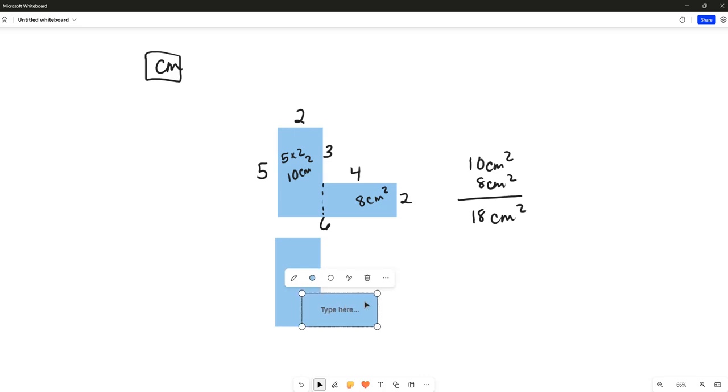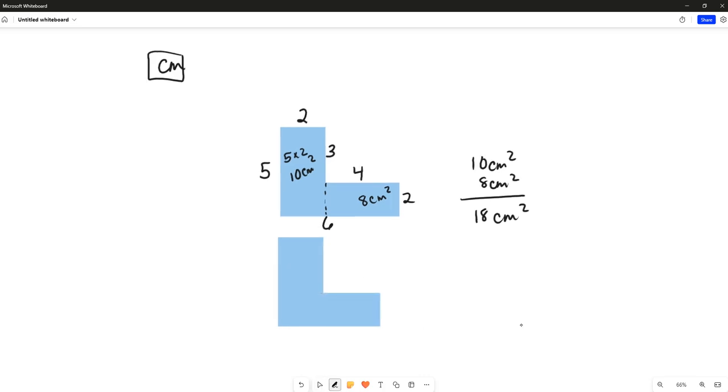We could do 2 rectangles this way. So that would make that one 2 times 3, which is 6 centimeters squared. And then it would make this other one 6 times 2, which is 12 centimeters squared, which if we added those 2 together, it still gives us 18 centimeters squared.